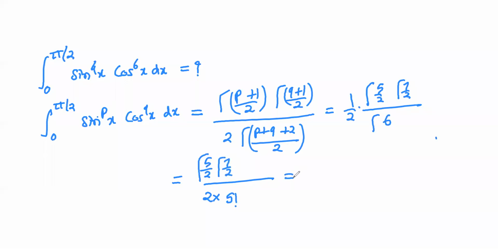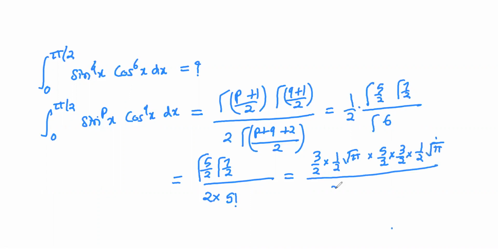You can write gamma 5 by 2 is 3 by 2 into 1 by 2 into root pi. Gamma 7 by 2 is 5 by 2, 3 by 2, 1 by 2, root pi, divided by 2 into 5 factorial. So the resultant answer is 3 pi upon 512. Okay, please confirm it.